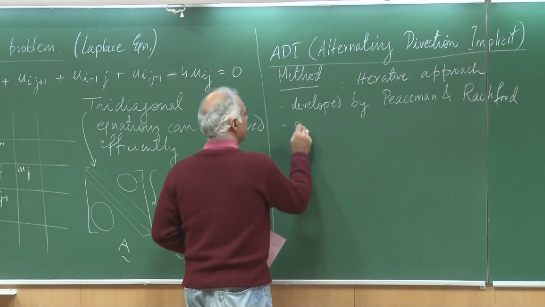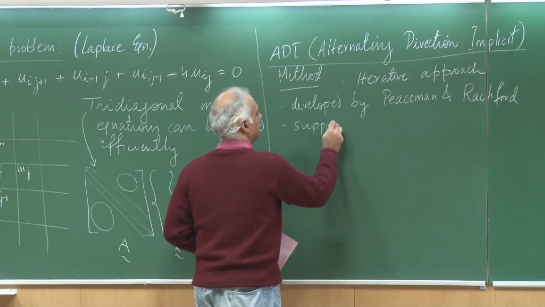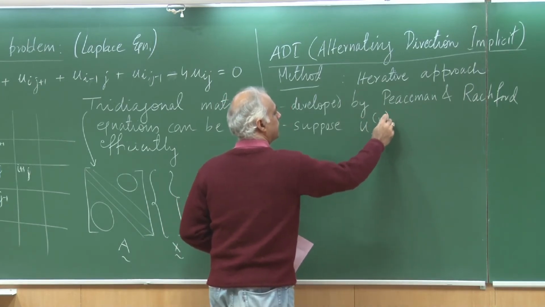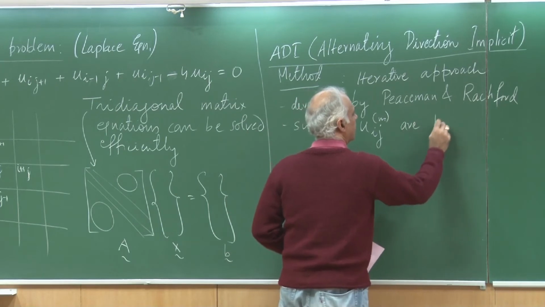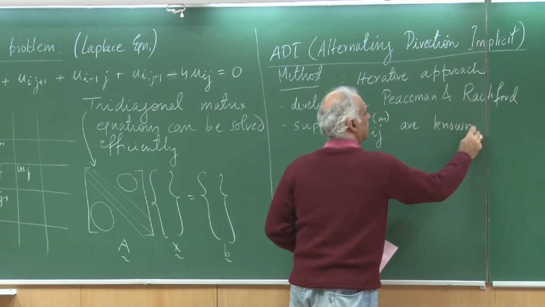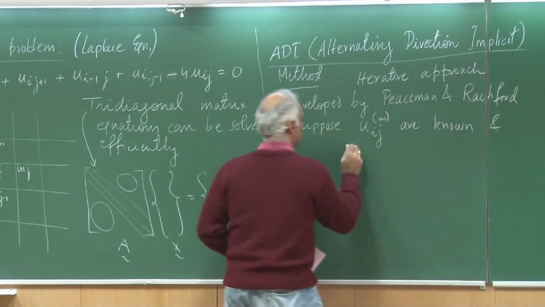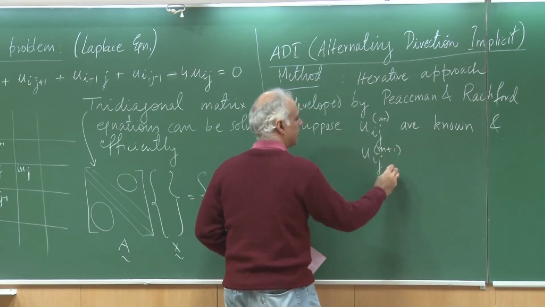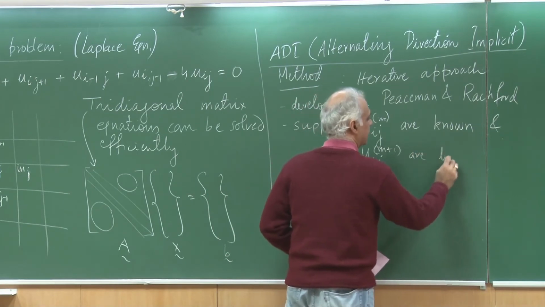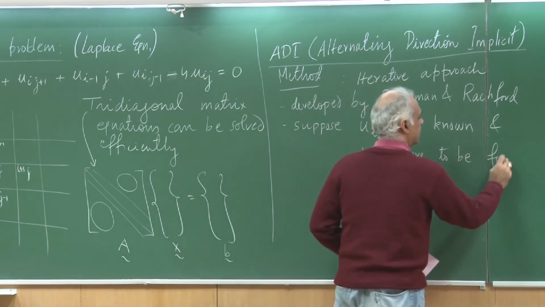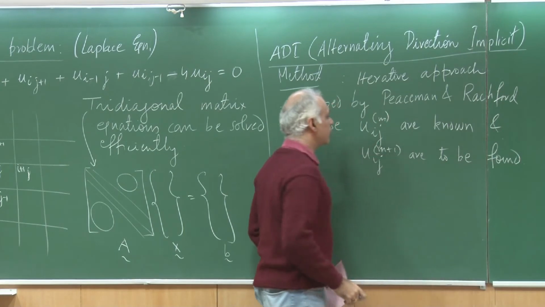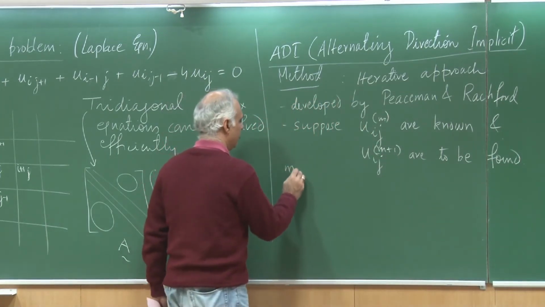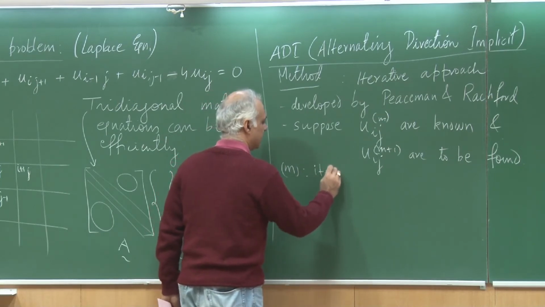So suppose u(i,j) at m is known, and u(i,j) at m plus 1 is to be found. I am going to use m as the iteration counter.